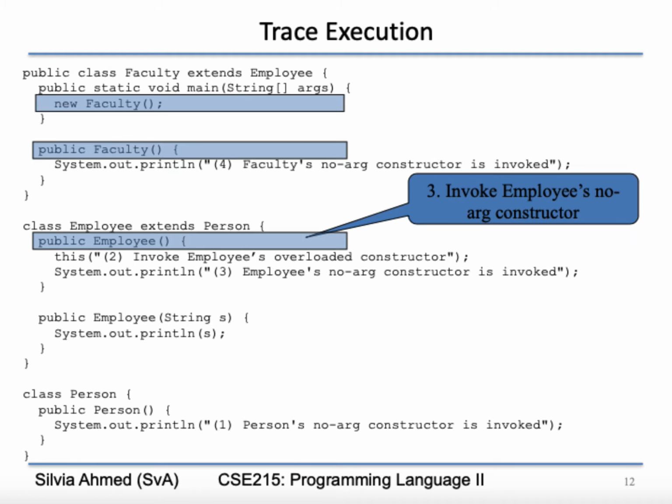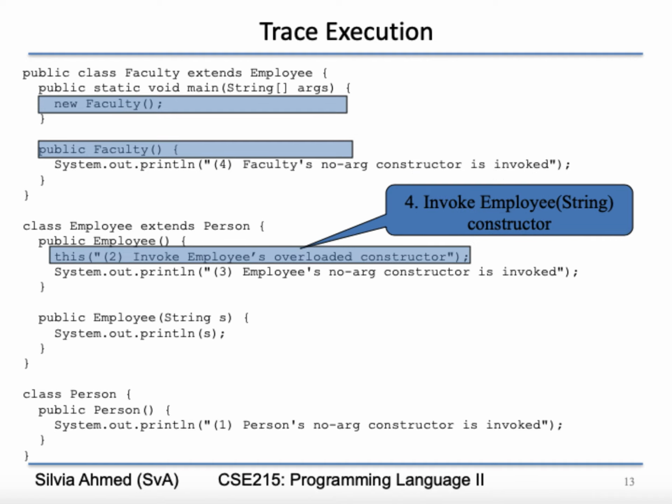The superclass of Faculty is Employee. So it will come to the Employee no-argument constructor. Inside this Employee no-argument constructor, it calls its own constructor by this, which takes a string input. So there is an Employee constructor which takes a string input. It will come here.